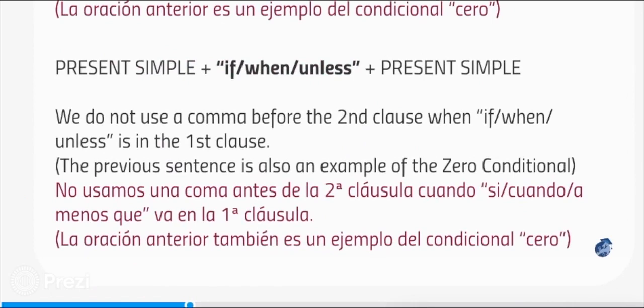Present simple plus if or when or unless plus the present simple. We do not use a comma before the second clause when if, when, unless is in the first clause. The previous sentence is also an example of the zero conditional.